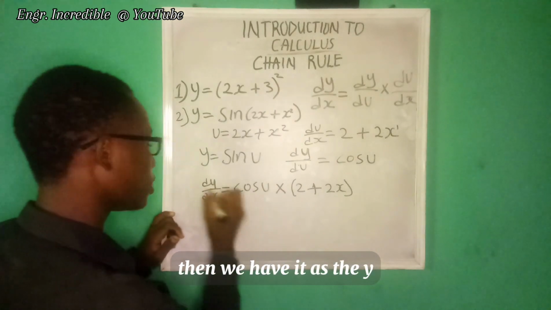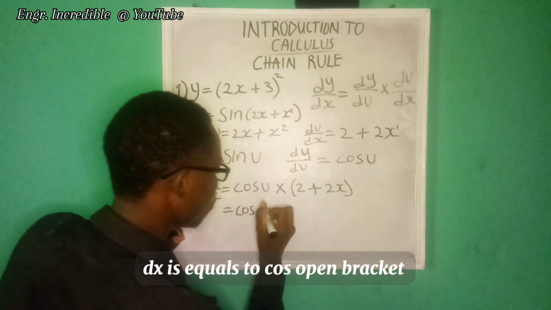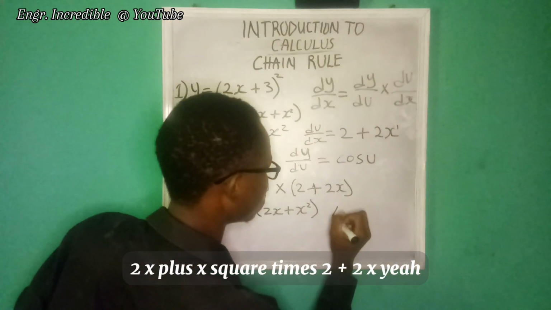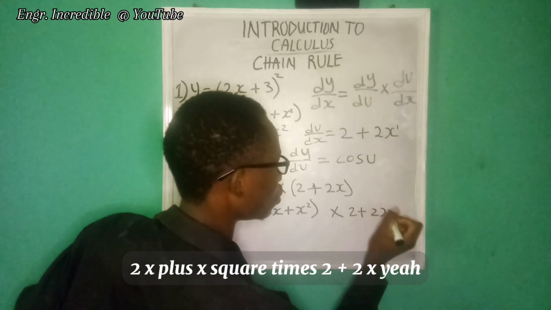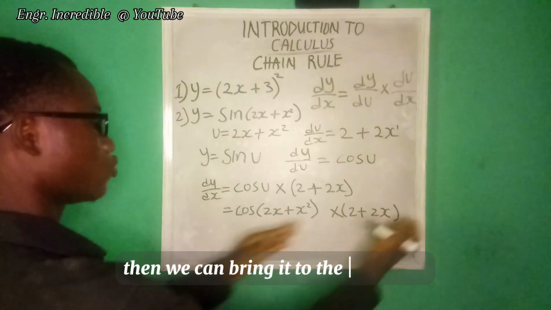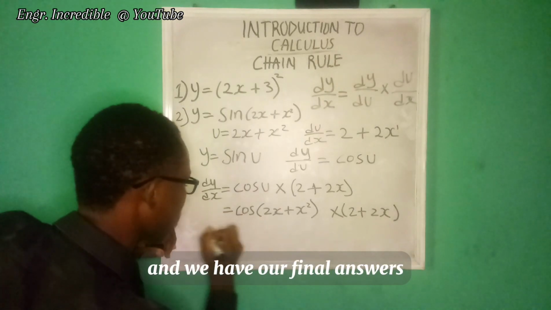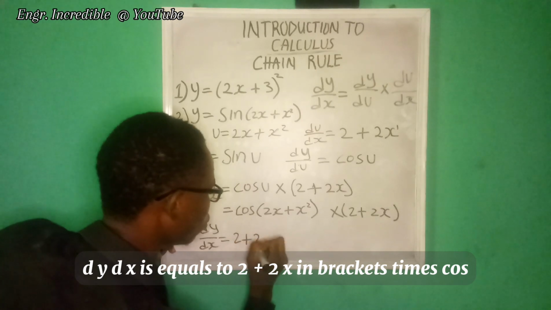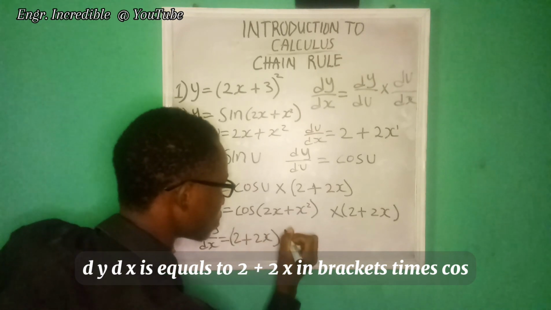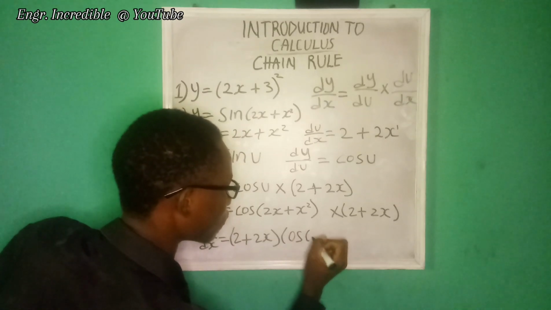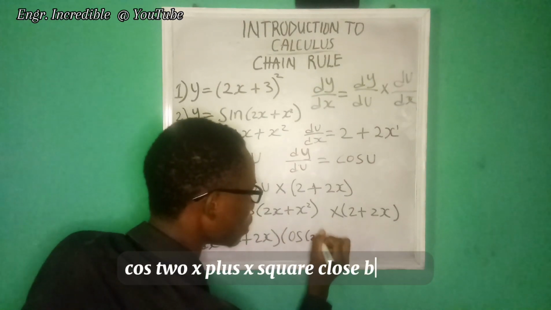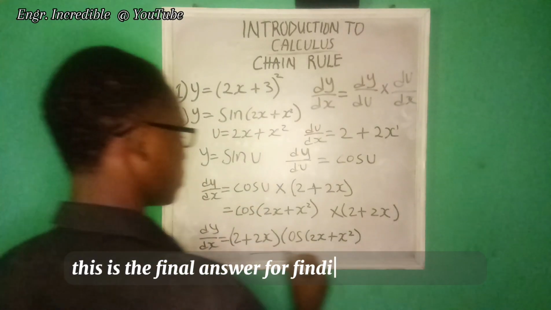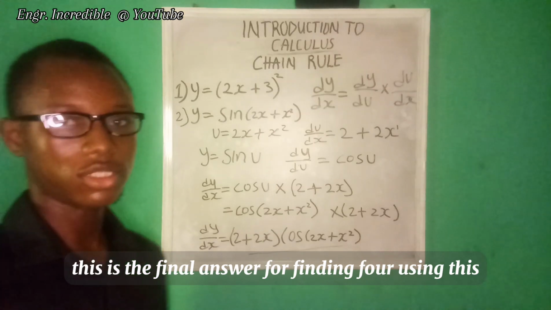Then we have dy/dx is equals to cos of (2x plus x squared) times (2 plus 2x). Then we can bring it to the front and we have our final answer as dy/dx is equals to (2 plus 2x) in brackets times cos of (2x plus x squared), those brackets.